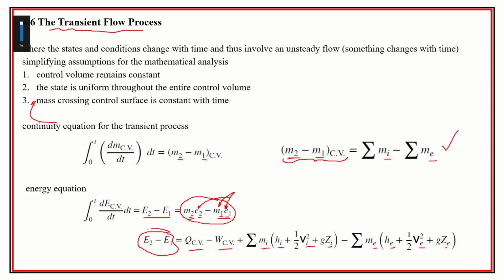So really the biggest difference is that we're going to have some changing quantity over here. So it is conservation of energy, but it's not the conservation of energy for a steady flow, because the mass is not remaining constant. And therefore the mass in the control volume is not remaining constant, and therefore the energy within the control volume is not.